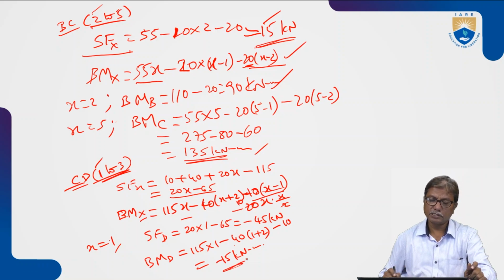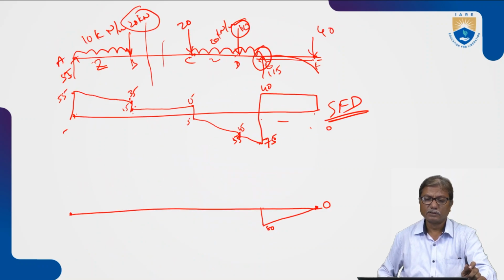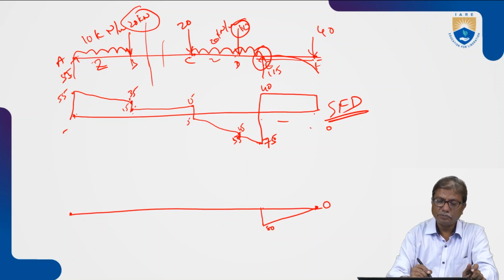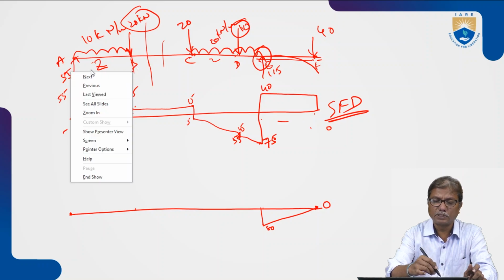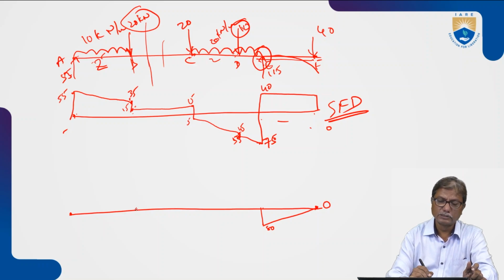Bending moment at D is negative, minus 15. So bending moment at B is 90. How will you get 90? 55 into 2, 110, minus 10 into 2, 20 into 1. So it is plus 90.